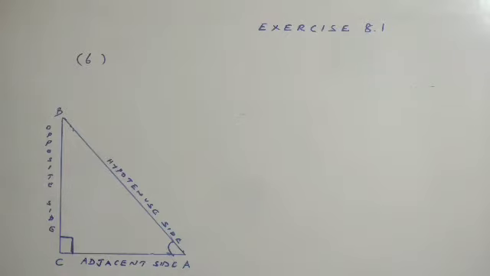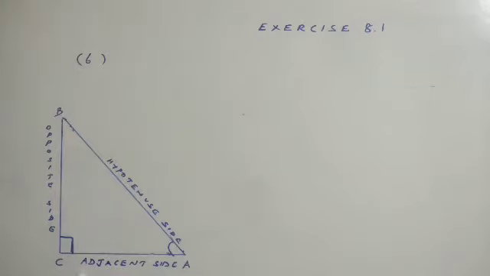Now in the 6th problem they mentioned angle A and B. This angle A and this angle B are acute angles. Acute angles means they are less than 90 degree. So we can easily point out the angle C is 90 degree.